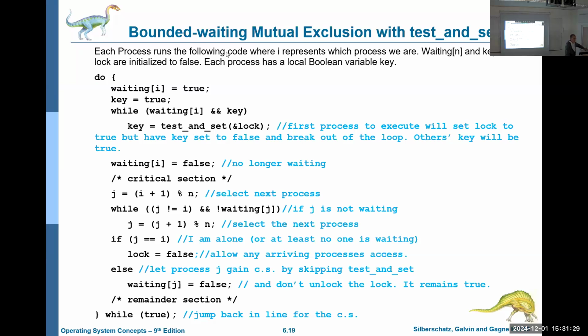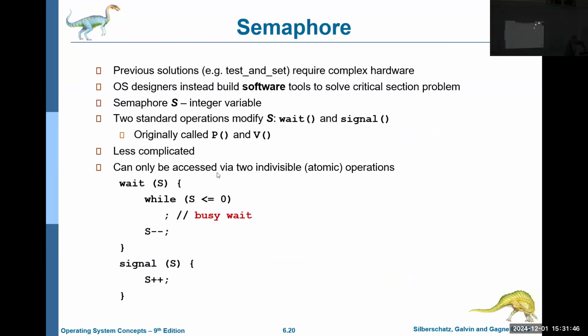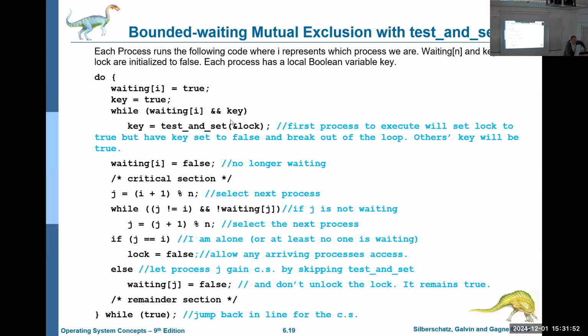Okay, now we have another example, bounded waiting mutual exclusion. Each process runs the following code where i represents each process, which process we are. Waiting[n] and key and lock are initialized to false, each process has a local boolean key. I think this is a solution for multiple processes.